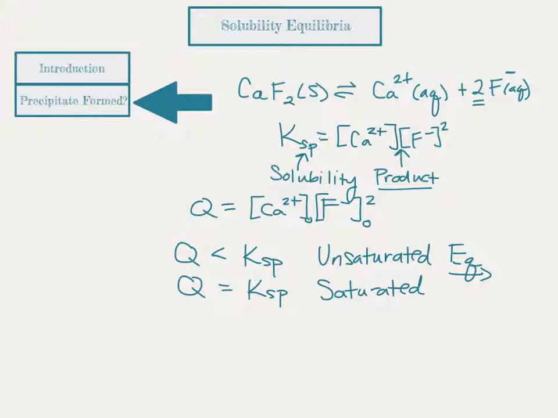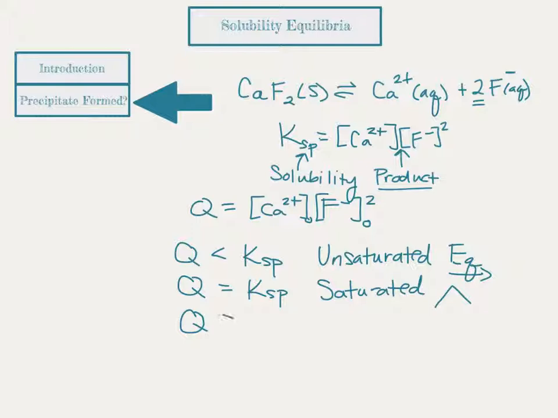You can think of that moment where Q equals Ksp as a tipping point, where if you had any more solid inside of your solution, you would actually have little precipitates at the bottom, and if you had any less, you would be unsaturated and you could fit some more ions inside of your solution.